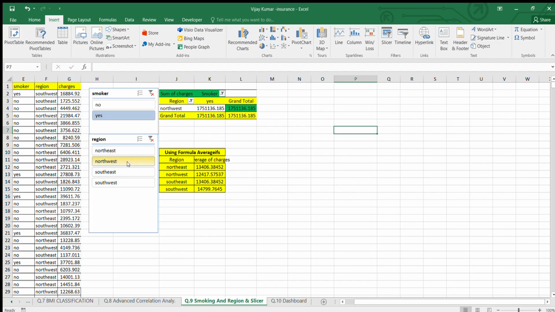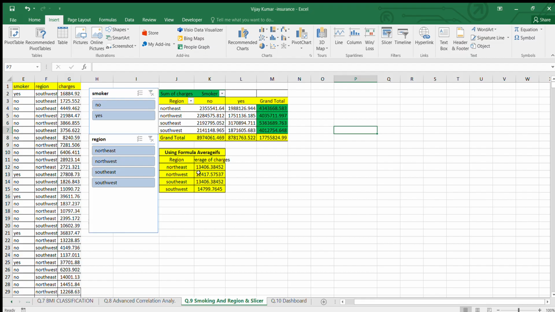Southwest is this much, southeast is this much, southwest is this much, and this much. So I can say southeast has the highest number of smoker persons. So here I will get all the desired output along with the slicer we applied.